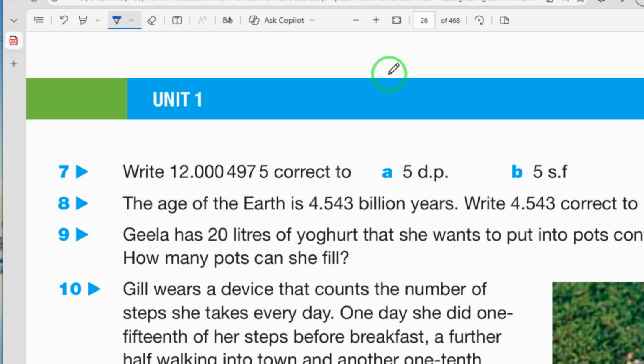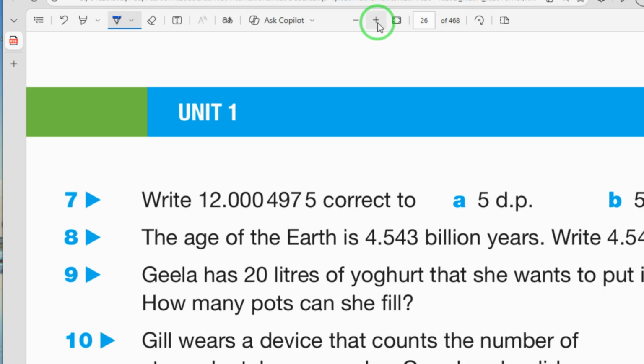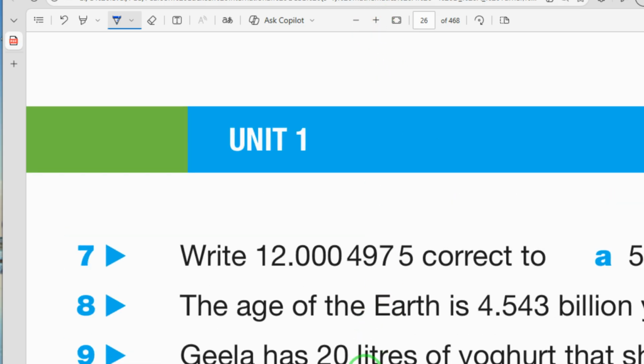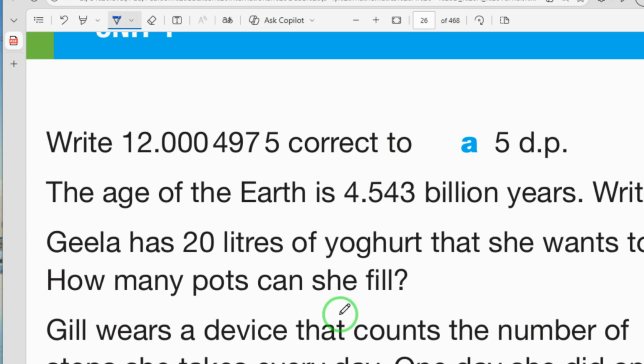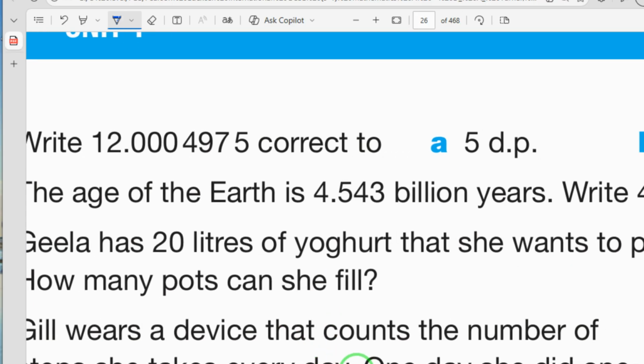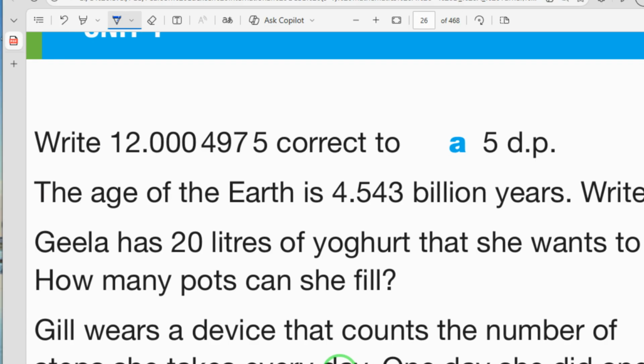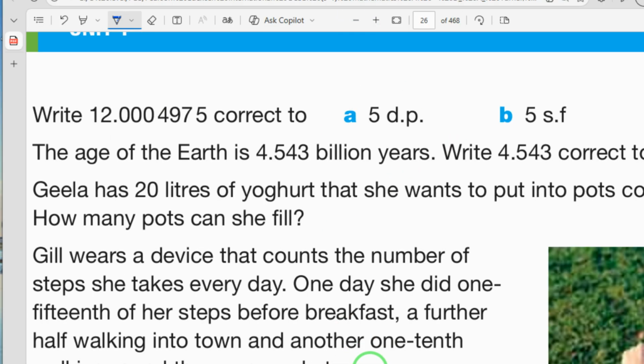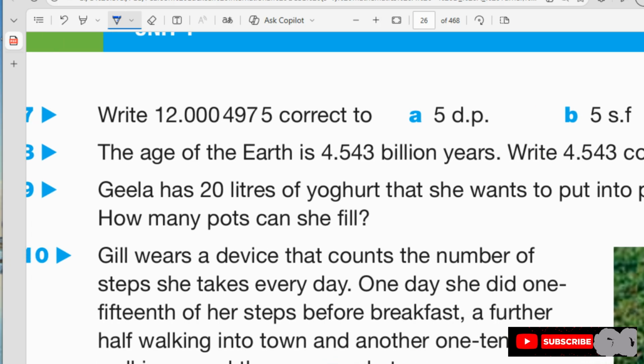So I work out this one. Here 5 decimal place, we count the decimal place after decimal point. Here 1, 2, 3, 4, 5.